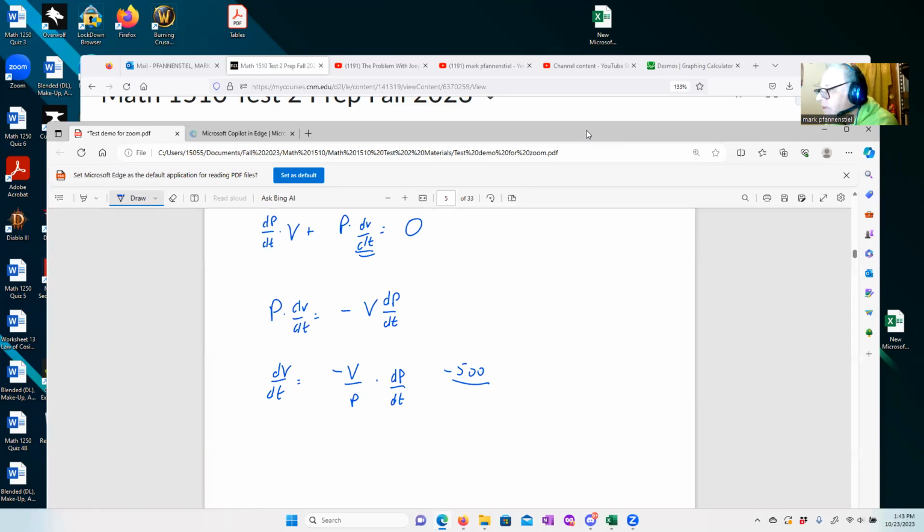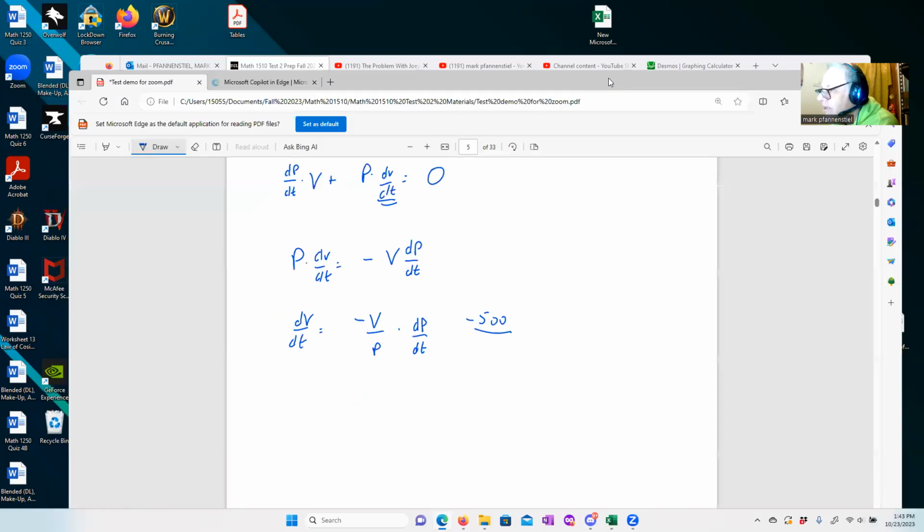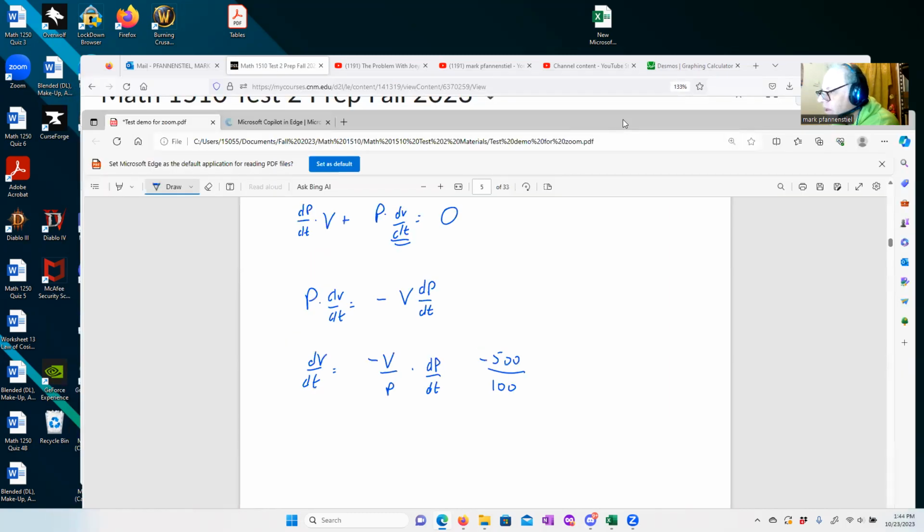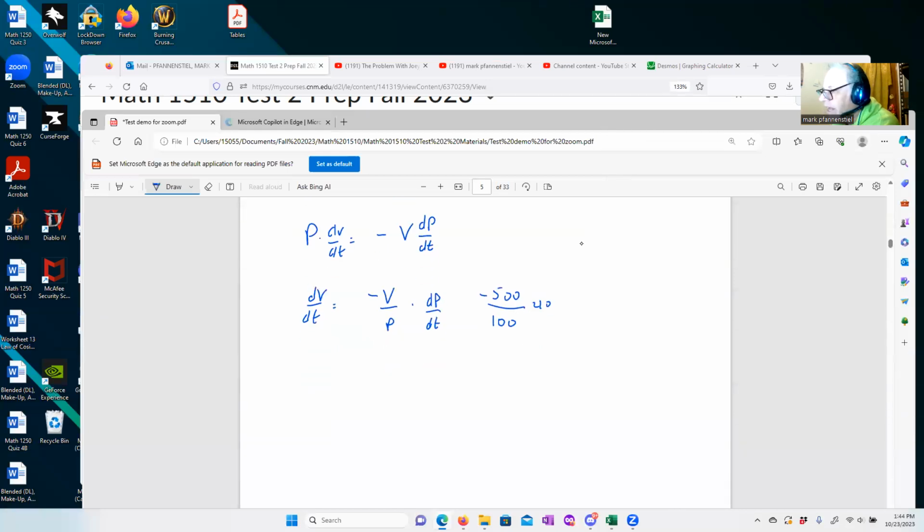The pressure is 100, and the pressure is increasing by 40. So a bunch of stuff cancels, and we get negative 5 times 40. So dV by dt is equal to negative 5 times 40, which is negative 200, and it's going to be in cubic centimeters. So that is pretty much how you do that kind of a problem.